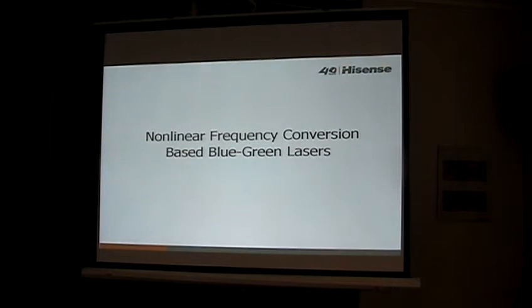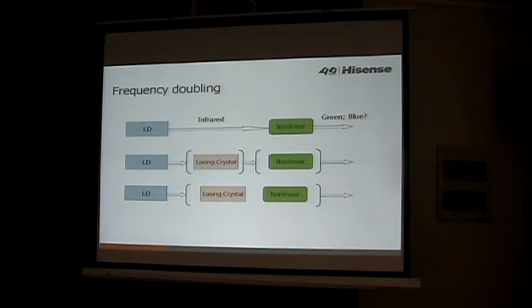Now, after this preparation on second-order nonlinear optics, let's go to the nonlinear frequency-conversion-based laser structures. There are 3 basic configurations to do frequency doubling for visible wavelengths. One is to directly use the laser diode to pump the nonlinear optical crystal.